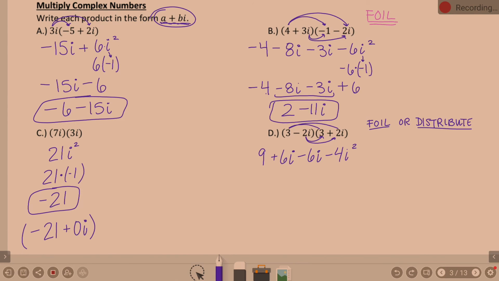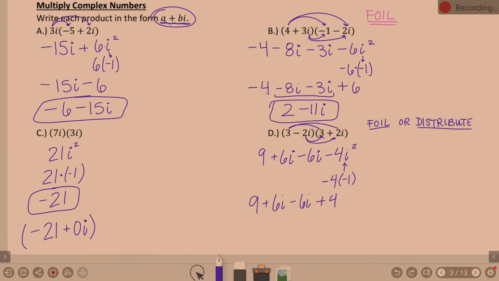Okay. Well, what do you see? That minus 4i squared is really minus 4 times -1, which is a plus 4, isn't it? What else? If I go ahead and carry the rest down, 9 plus 6i minus 6i plus 4.